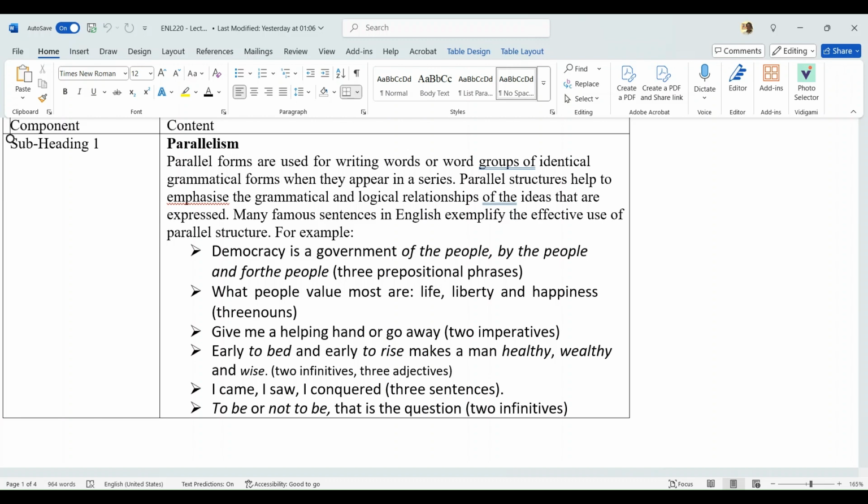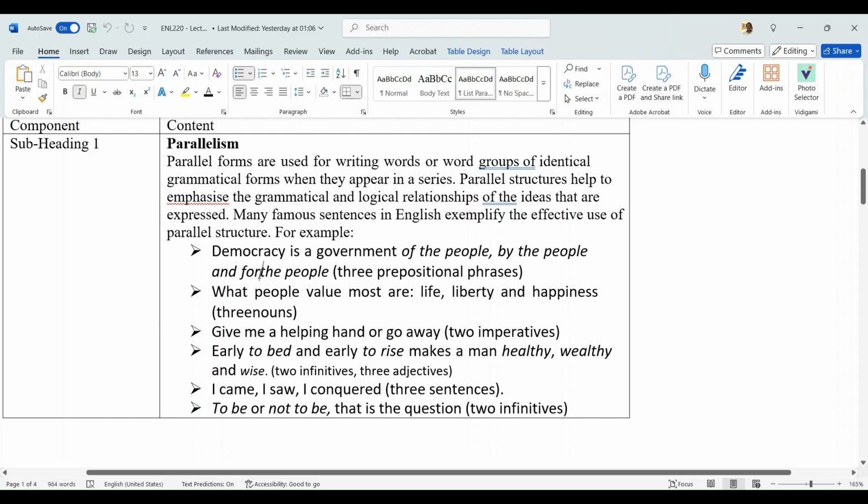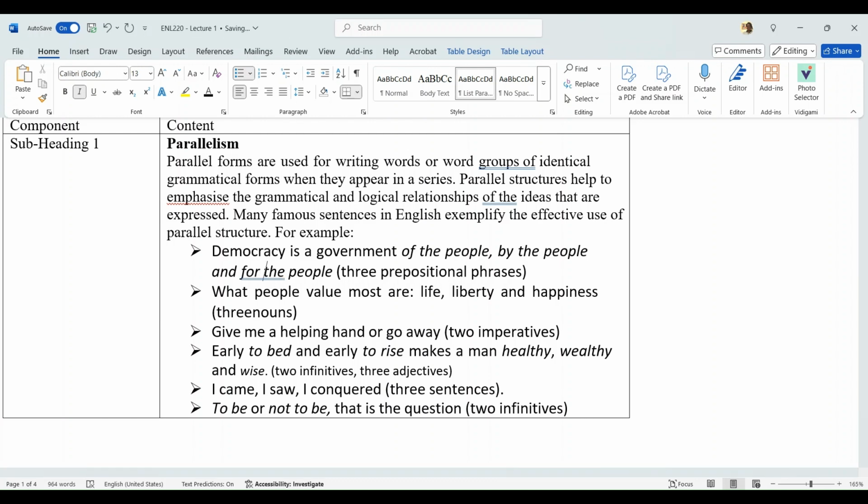We have some famous sentences in English that effectively use parallel structure. Let's look at this common one: Democracy is a government of the people, by the people, and for the people.